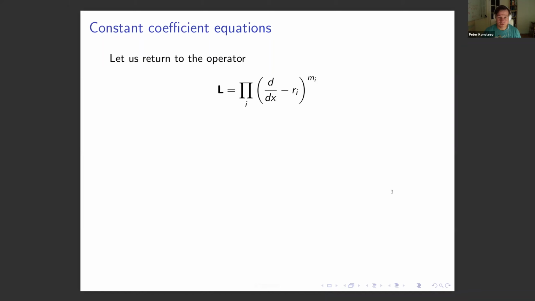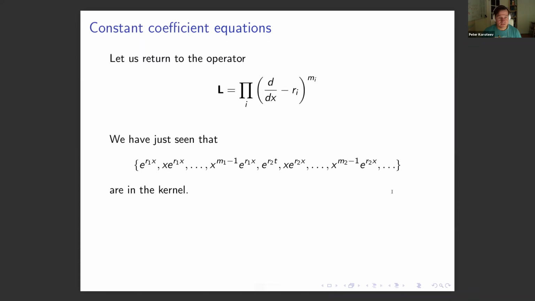Now let's get back to our general operator, written in general form. We can generalize and say that all these functions live in the kernel. If the multiplicities are m_i, then for multiplicity m1 we'll have e to the r1x, x e to the r1x, etc., up to x to the m1 minus 1 times e to the r1x.